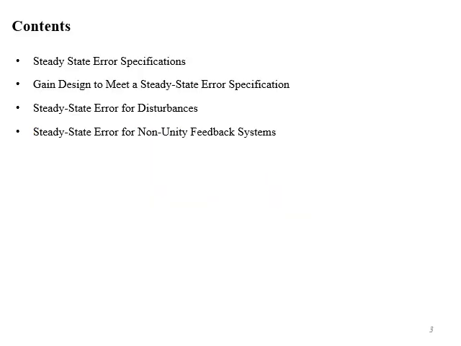The contents of today's lecture are steady-state error specifications, gain design to meet steady-state error specification, steady-state error for disturbances, and steady-state error for a non-unit feedback system. In this you will study how to convert a non-unit feedback system into a unit feedback system.